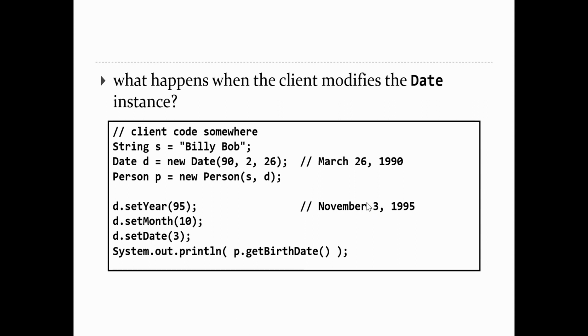The person now tells you they were born November 3rd, 1995. They don't tell you the birth date with which that object was constructed. It doesn't report back March 26, 1990. It reports back November 3rd, 1995. So in other words, you're able to change the birth date of a person without actually asking the person object. All you do is fiddle with the date, and all of a sudden the person's birth date also changes.